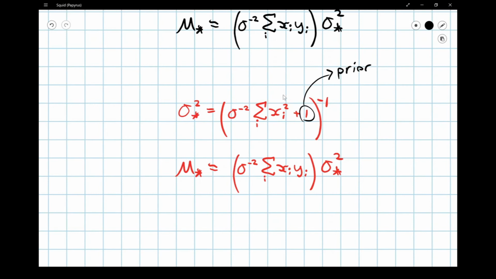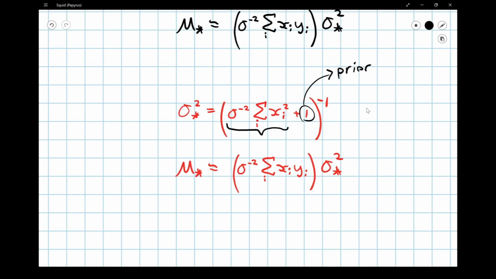We're adding a load of positive numbers here, these x_i's. So as we get more and more data, this term is eventually going to become more important than the 1 on the end. The 1 from the prior makes almost no difference compared to lots and lots of positive numbers being summed together here.